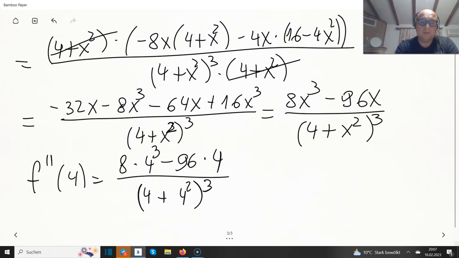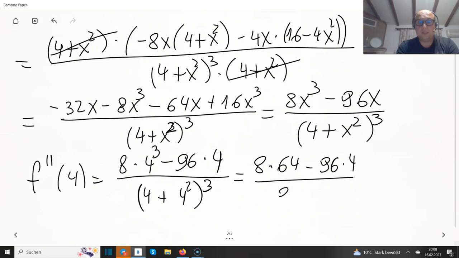It shouldn't be 0. Everything else would be fine. All right, we got 8 times 64 minus 96 times 4. Who's winning? I don't know yet. We will see. 16 plus 4, 20. 20 cubed. 2 cubed is 8. And we got 3 more zeros. All right, so the denominator is fine. It is 8,000, so we're doing well.